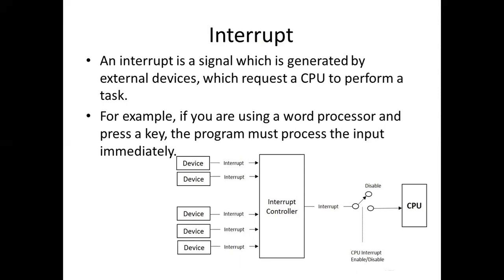Let's imagine this. Now that I'm using my computer, the CPU is busy doing some instructions, arithmetic and control, executing processes. And here I am as a user, I need to use the keyboard and the mouse, but the CPU doesn't know that. Or I'm going to plug in my USB.